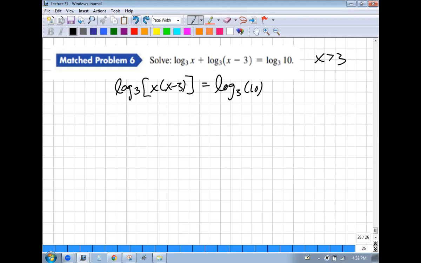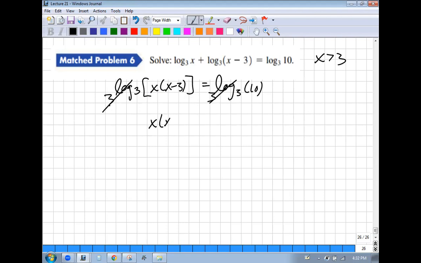But notice, once I've combined these to make this equation, if I plug a 2 in here, I get a 2 times a -1, that would still be a problem, right? From here though, if I get rid of the logs, I could do 3 to the power of both sides.